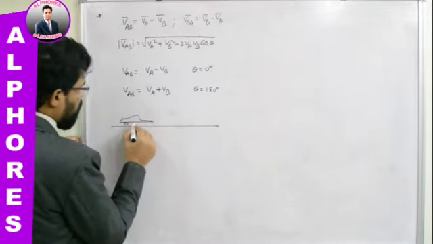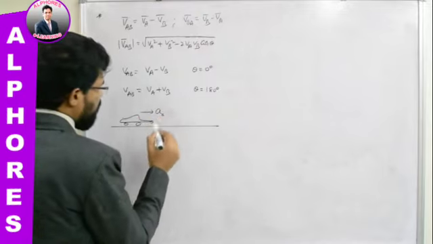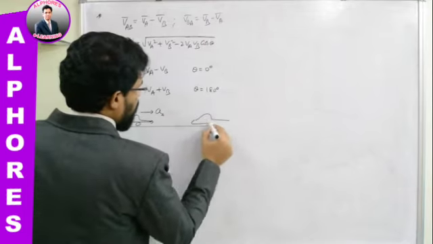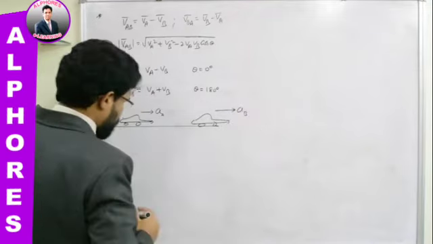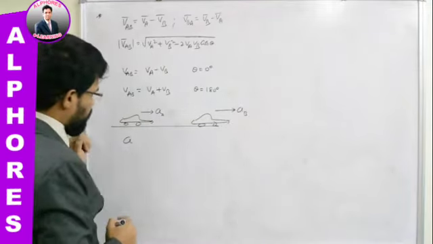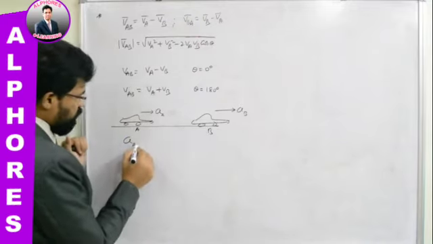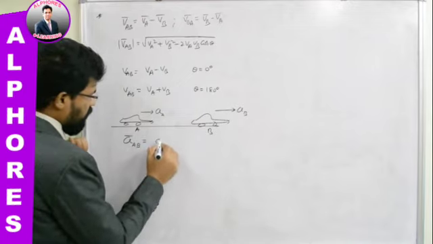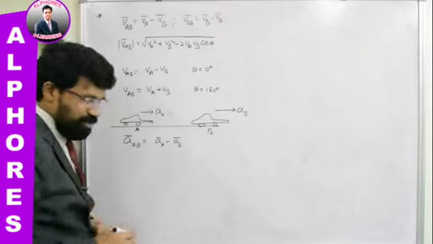One car has acceleration a subscript A, and another car has acceleration a subscript B. To find the relative acceleration of car A with respect to car B, it can be written as a subscript AB bar is equal to a subscript A bar minus a subscript B bar.